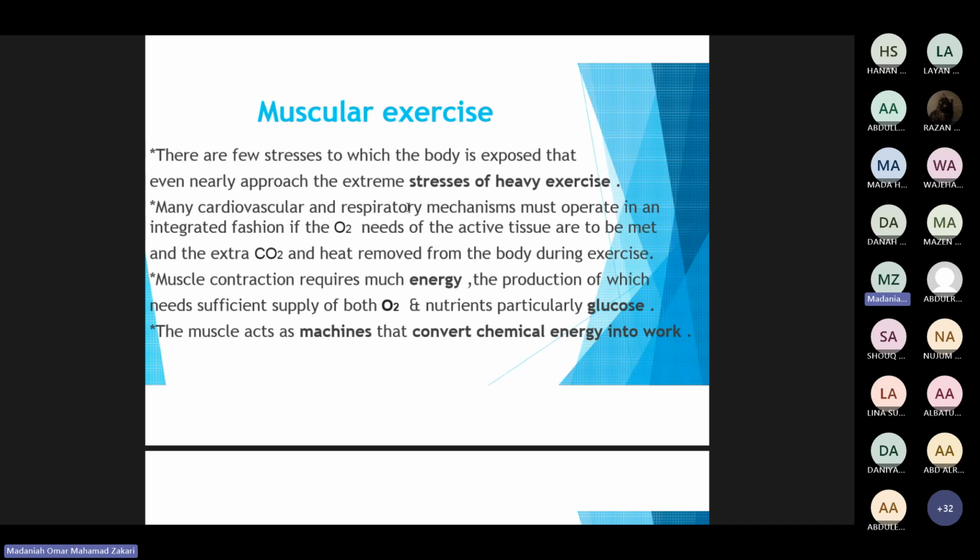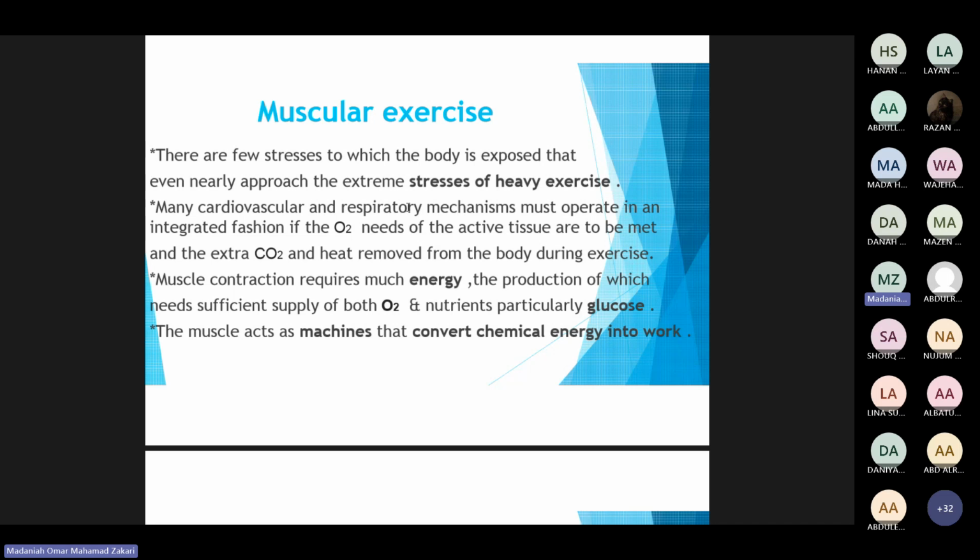Muscle contraction of course requires more energy and produces a lot of heat and carbon dioxide. To produce energy, this needs oxygen and nutrients, especially glucose.